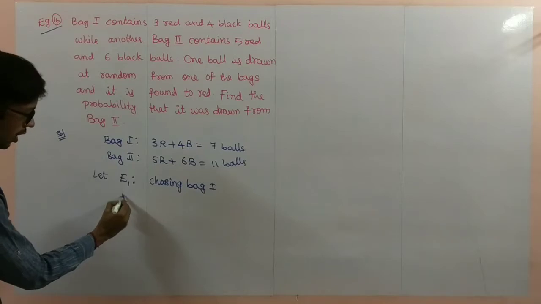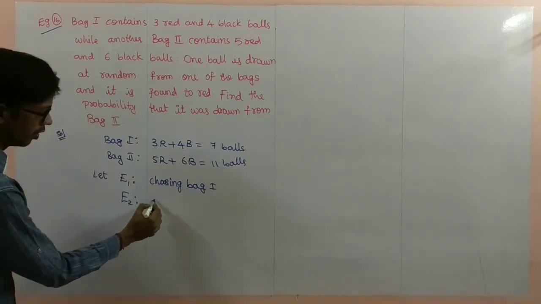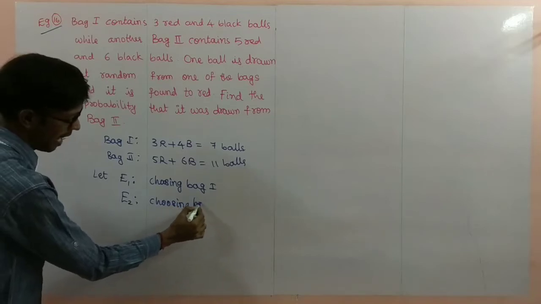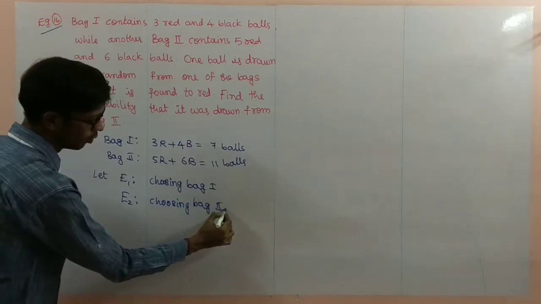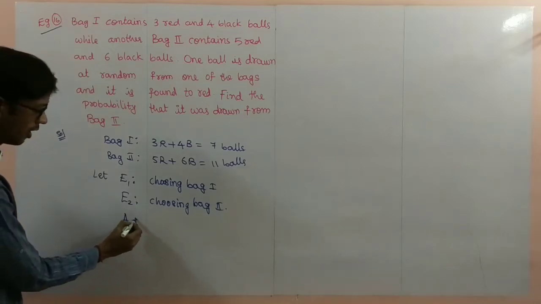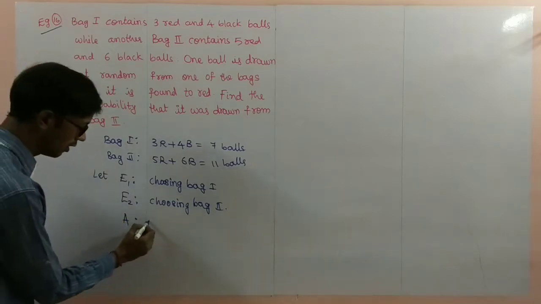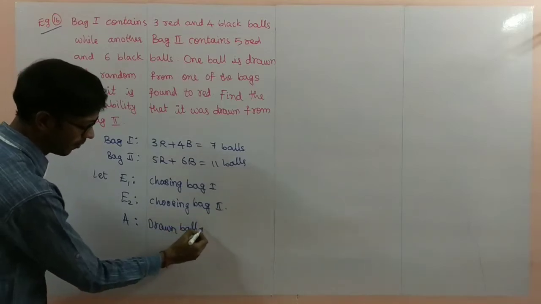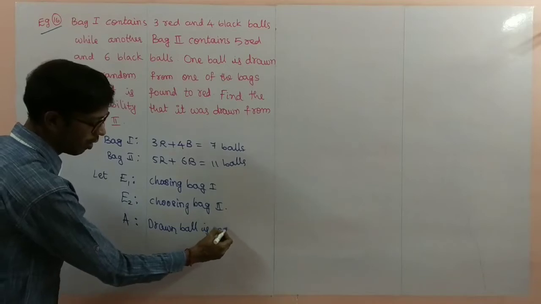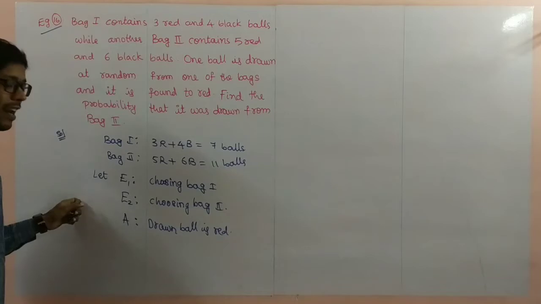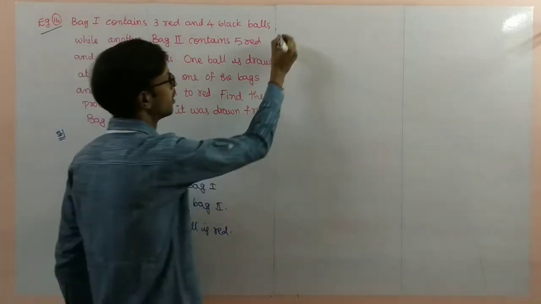Next, E2 be the event of choosing bag 2. Next, A be the event that the drawn ball is red. Next, I'll write down the probabilities.